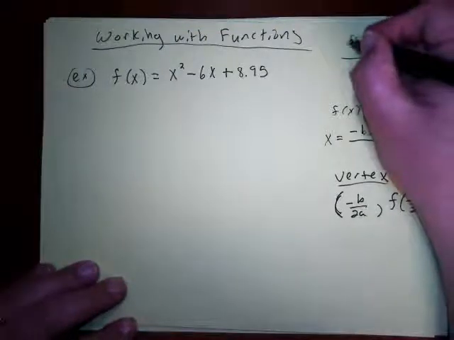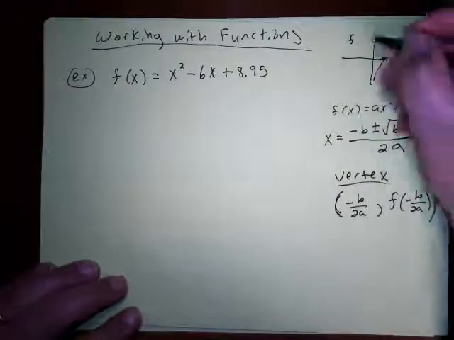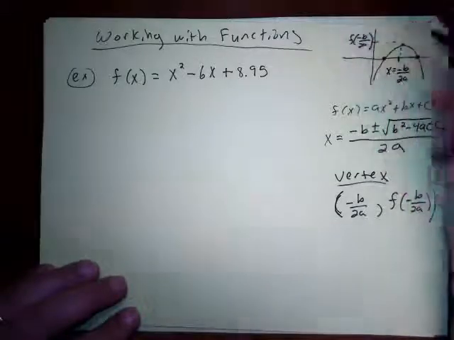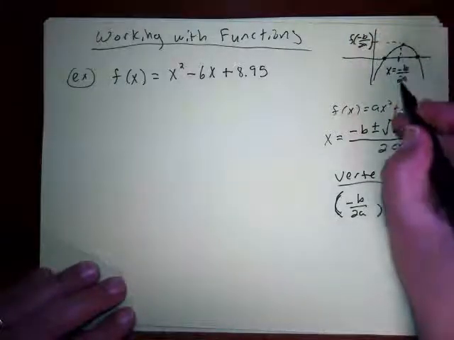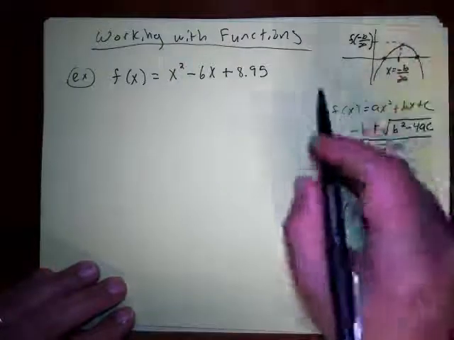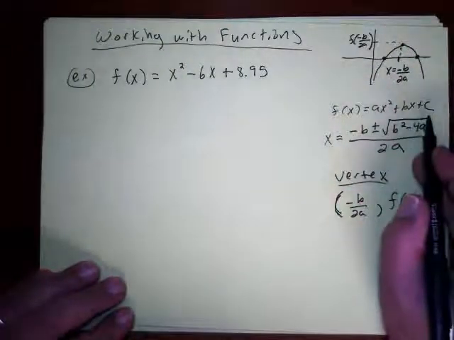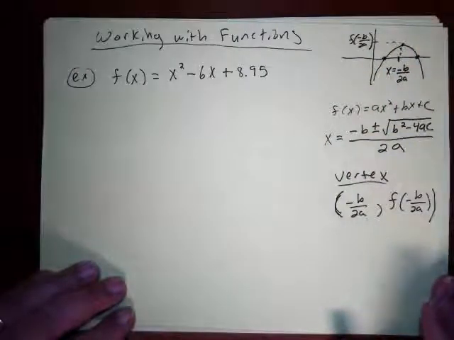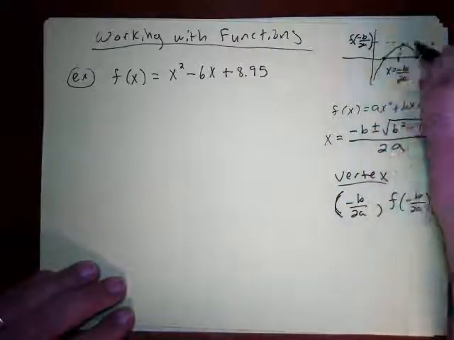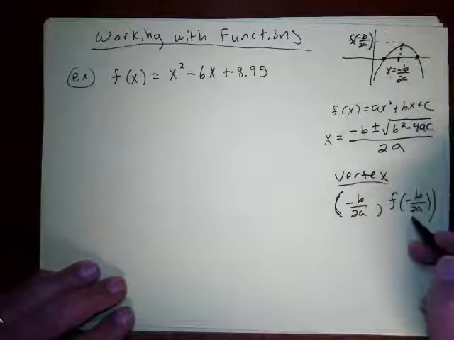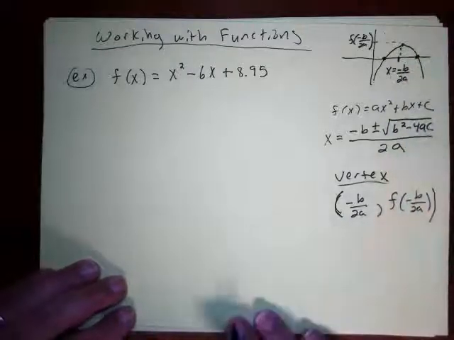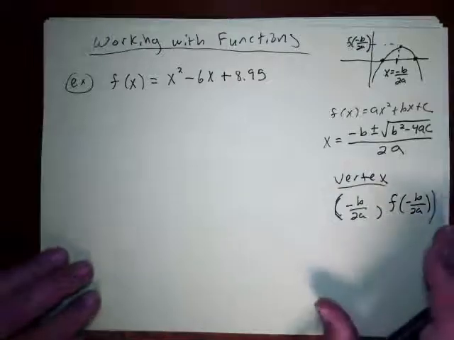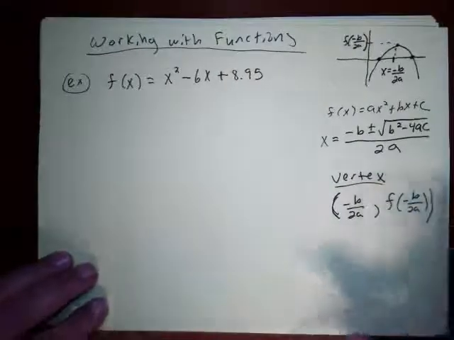So this point here is f of the opposite of b over 2a, right? So the x value is this, and then you plug the x value into the polynomial, and you get the y value, and this ordered pair is the vertex. So these are all very helpful things about quadratic equations.